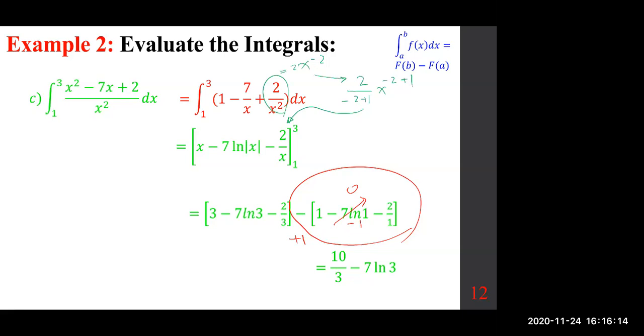Now, this is an exact answer. You don't need to change that class, okay? So 3 plus 1 is 4, minus 2/3 is 10/3. What about minus 7 ln 3? You keep it intact, okay? Good. Simple, straightforward, I hope.